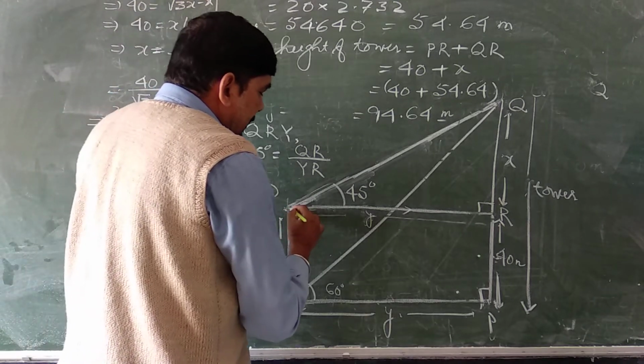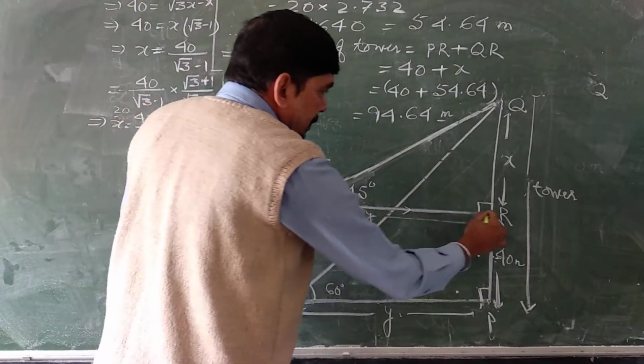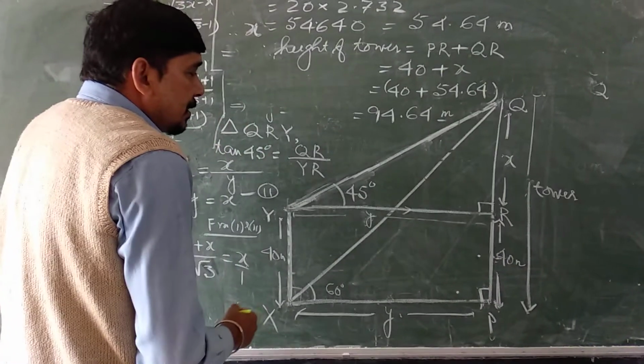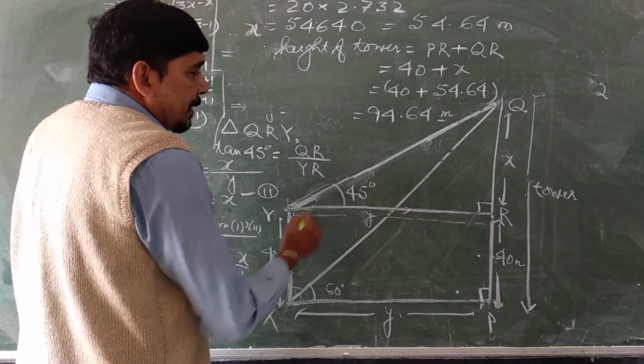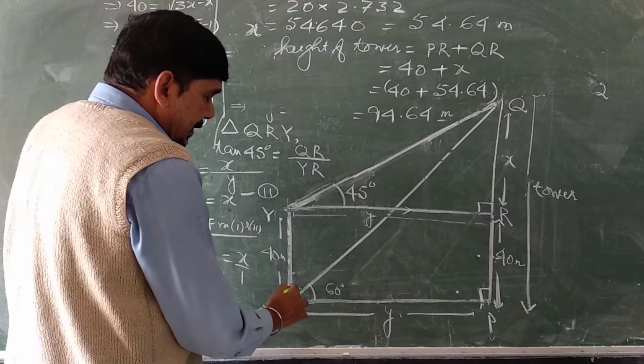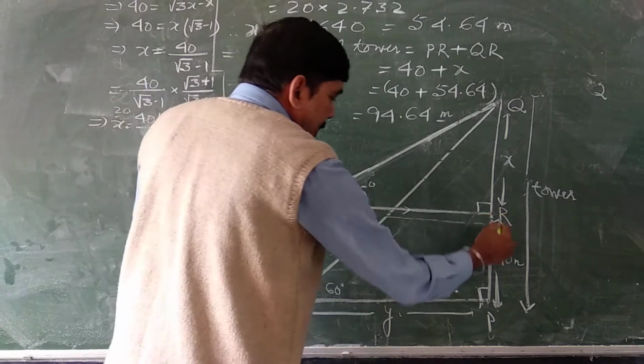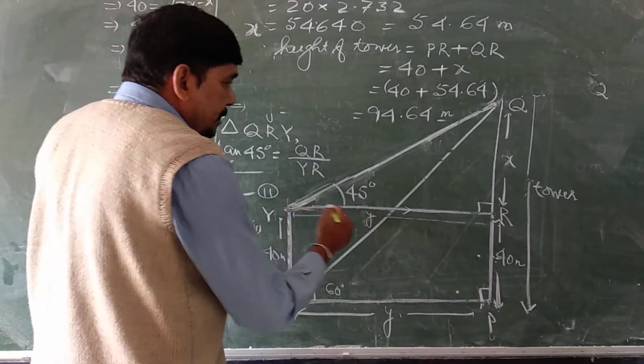So draw a horizontal line from Y to R, which is parallel to XP. So the angle of elevation is 45, and this angle is 90 degrees. XYRP is a rectangle.